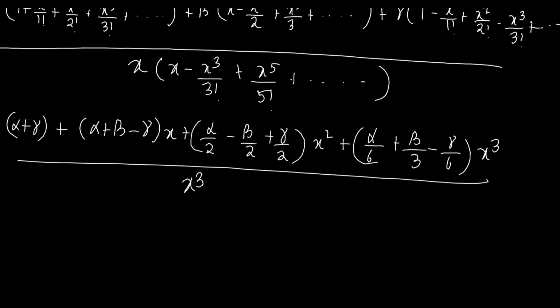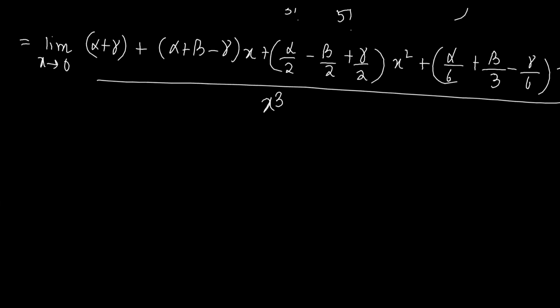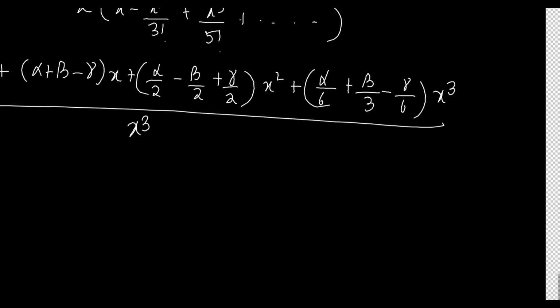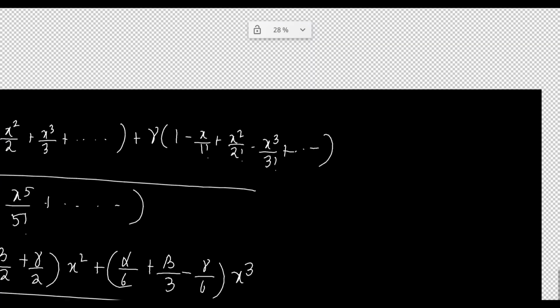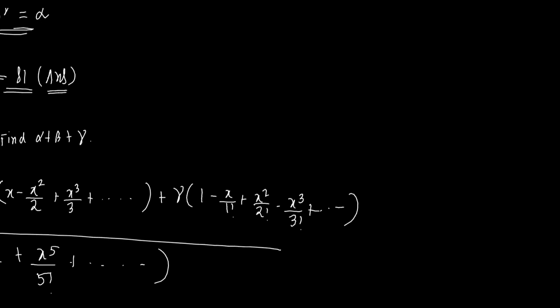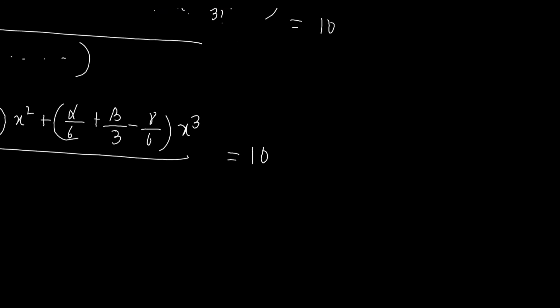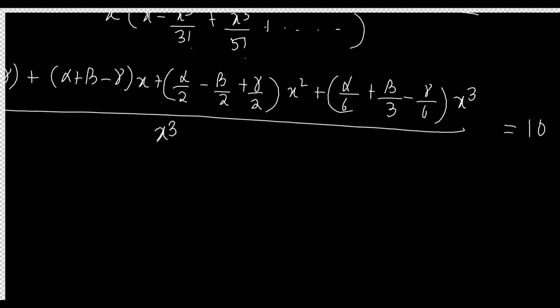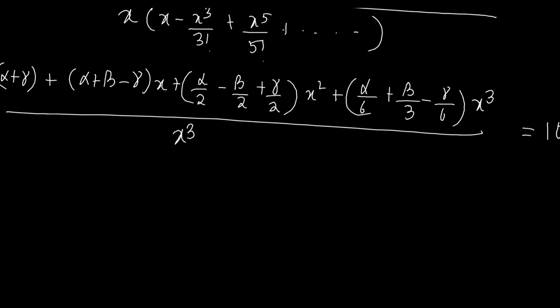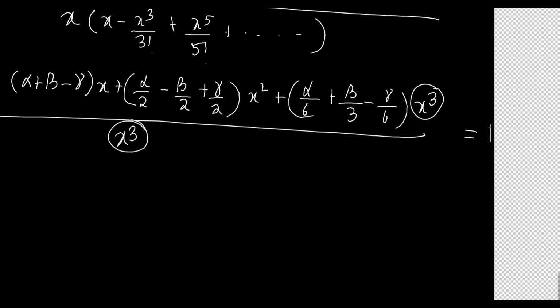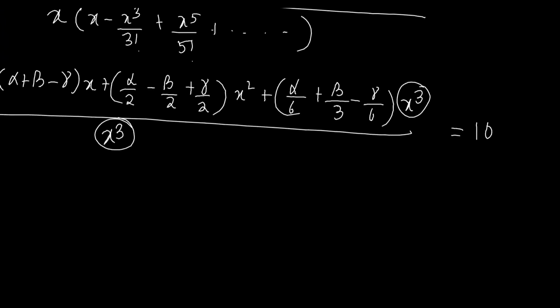Now, so here it will be what? Now see, it is given that it is equal to 10. Don't forget to write this. So it is given is equal to 10. Okay. So as this limit is existing, for the limit to exist, you can see that here it is x cube, here it is also x cube. So if it has to be 10, the limiting value has to be 10.